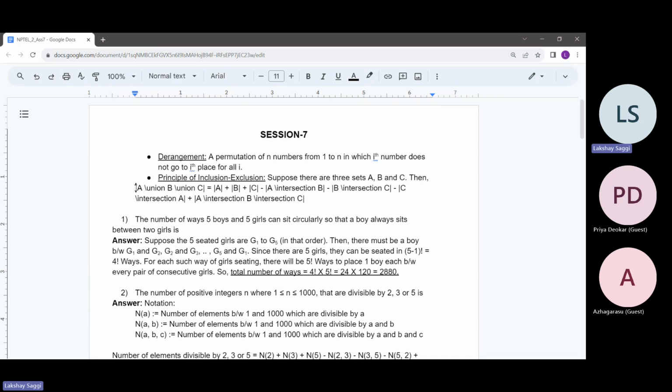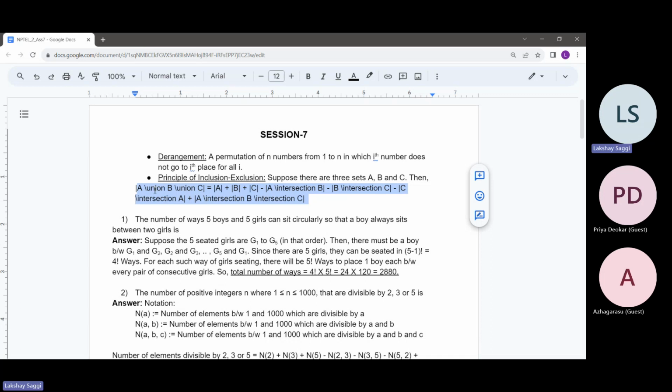Here you see that we have this formula: size of A union B union C is size of A plus size of B plus size of C minus size of A intersection B, B intersection C, C intersection A, plus A, B, C. You can replace all the unions by intersections and all the intersections by unions, and this formula should hold by similar reasoning.